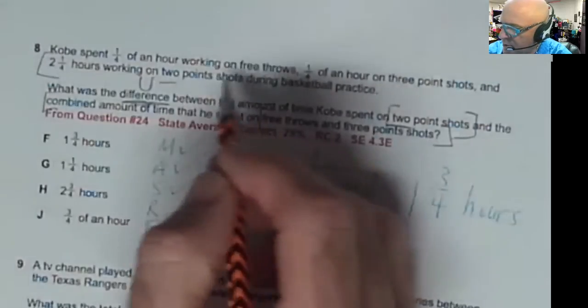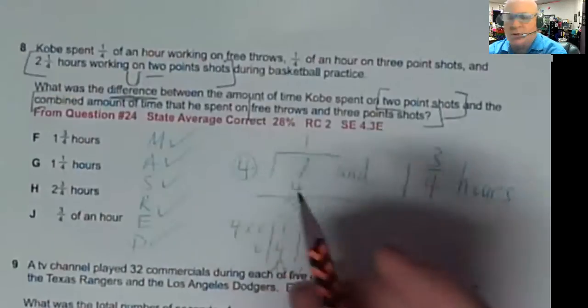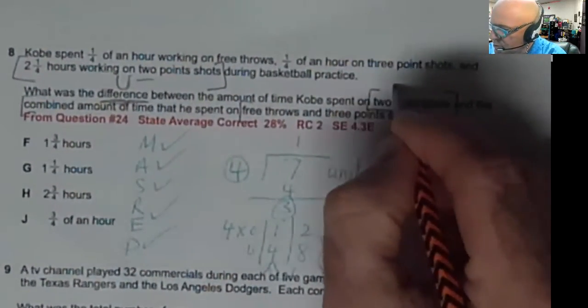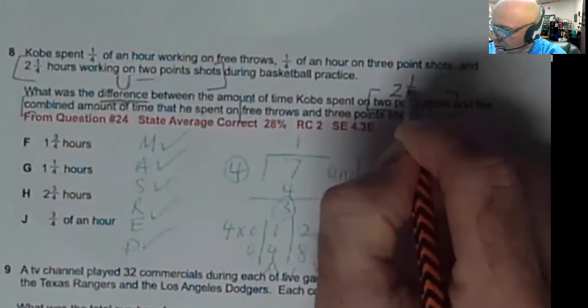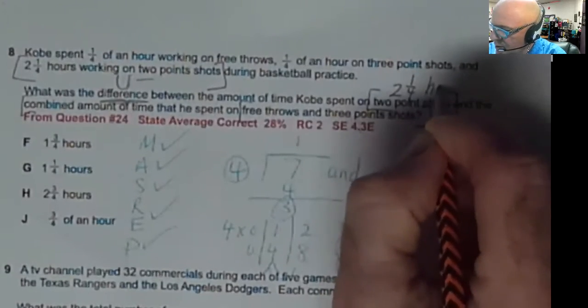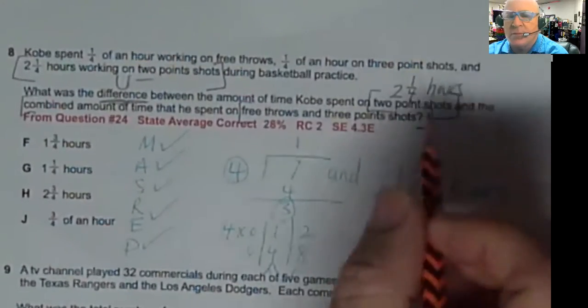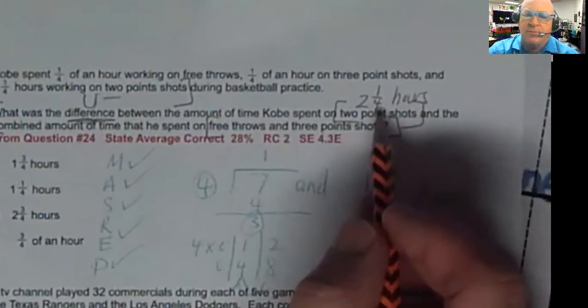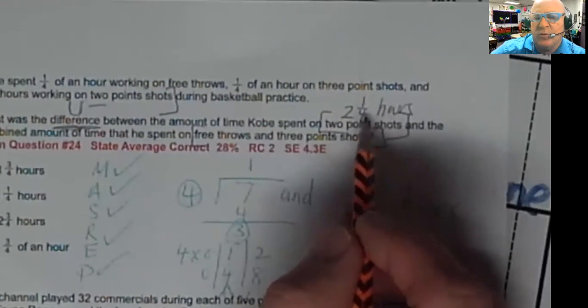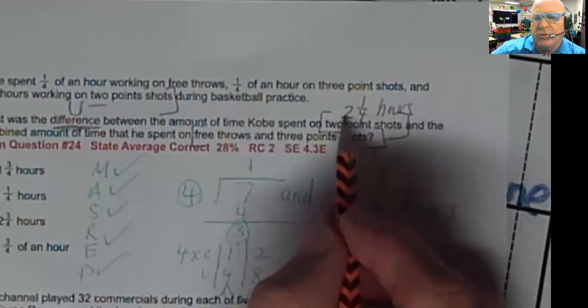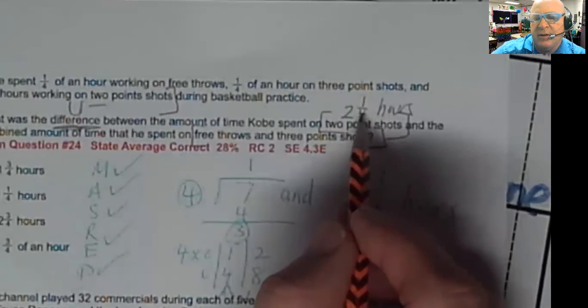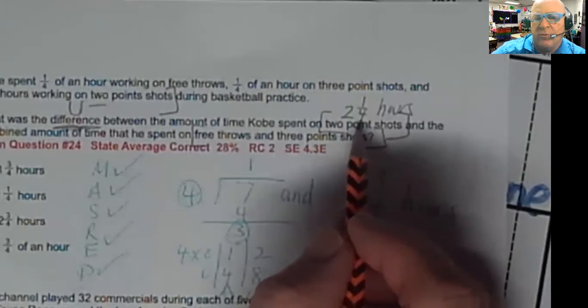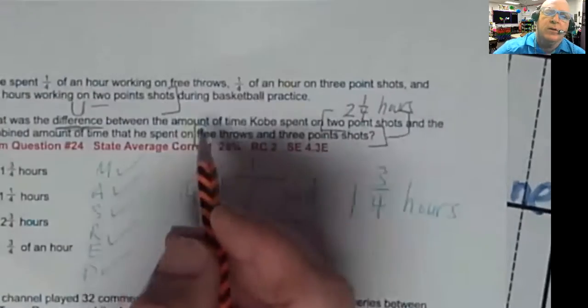Okay. Well, let's find out how much time was spent on 2-point shots. There it is. 2 1/4 hours on 2-point shots. So 2 1/4 hours. Okay. 2 hours, 1/4 of an hour. Every 15 minutes is 1/4. So 2 hours and 15 minutes, 2 hours and 1/4 of another hour.